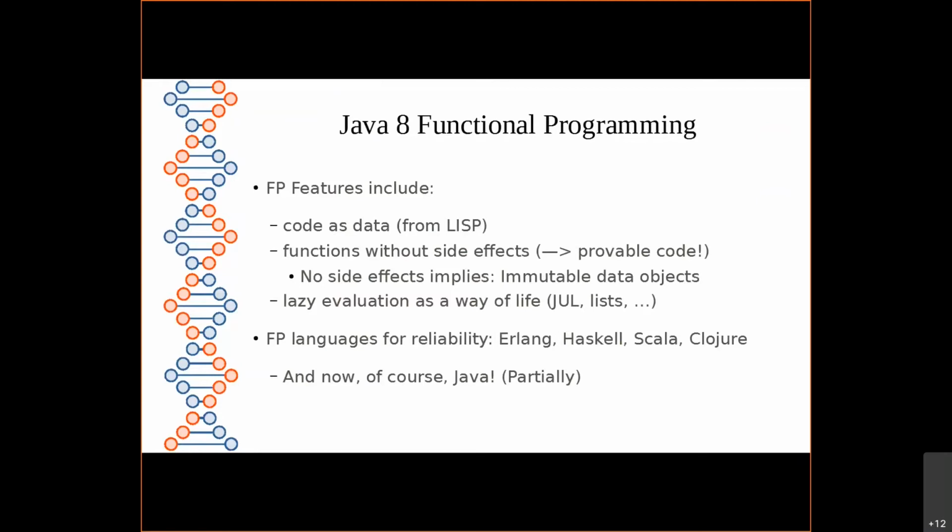And Java, of course, with all these new features, can be thought of as a partly functional programming language, but it will never, ever be a purely functional language because there's just too much code already written that depends on object mutation, object changeability, mutability. So I don't think Java will ever, not in our lifetimes anyway, become a pure functional programming language. Nonetheless, it's useful to have these features in the language.